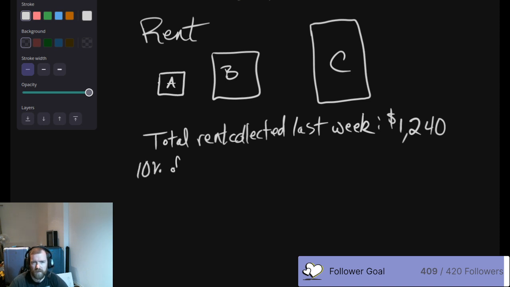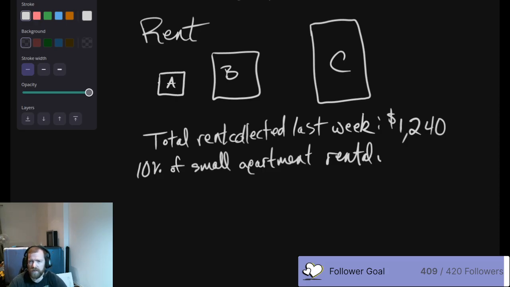10% of the small apartment rental amount went to repairs. They're just doing some nice ones here.